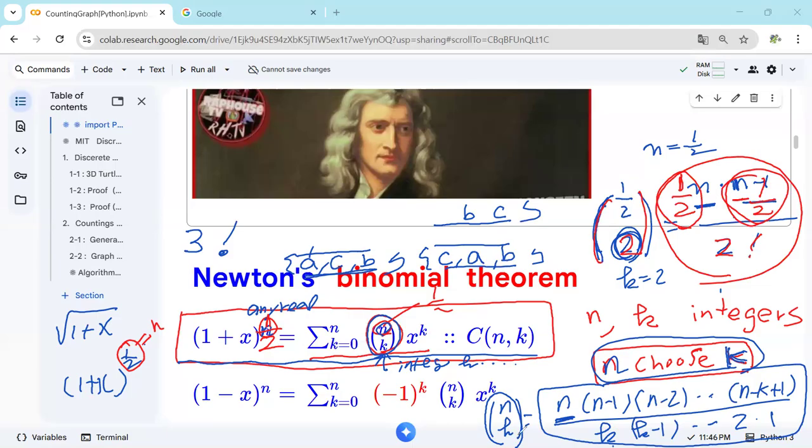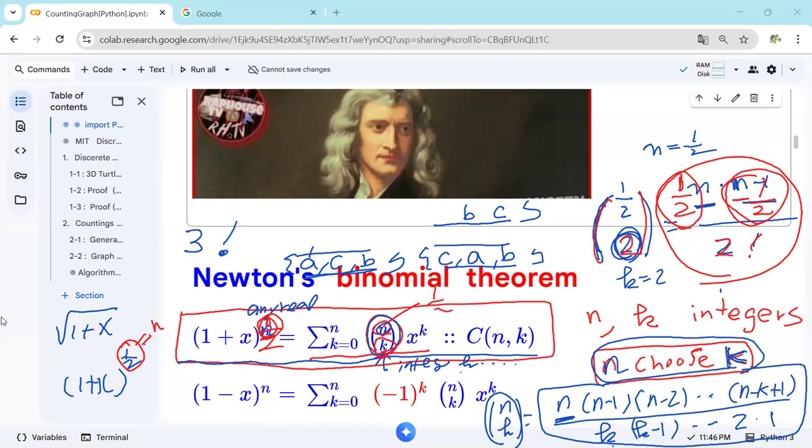So just use the same definition, and then the binomial theorem, or old style binomial theorem, can be generalized for any real numbers and also integer k. That is Newton's discovery, okay?